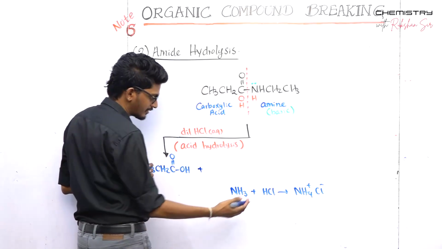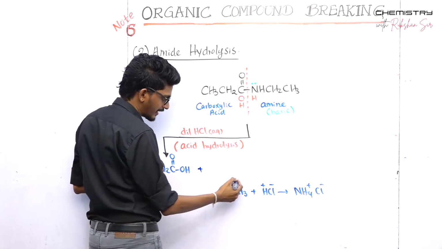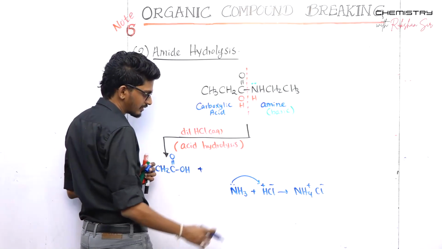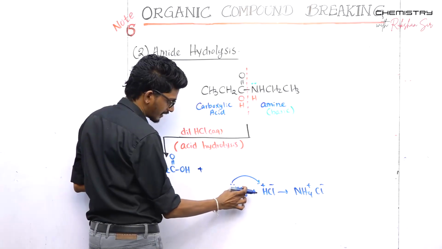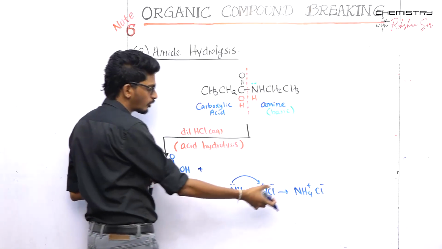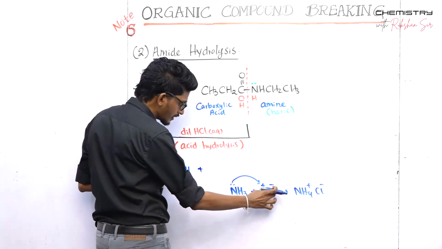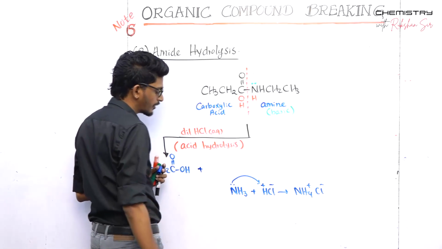You have the H+ and the Cl- here, and with the lone pair, this H+ will be grabbed. That is why it is NH4+ and Cl-. That is the ammonium salt formed when HCl reacts with ammonia.